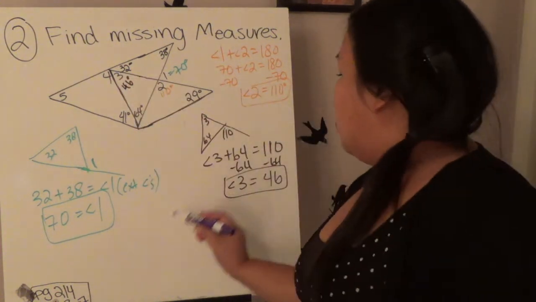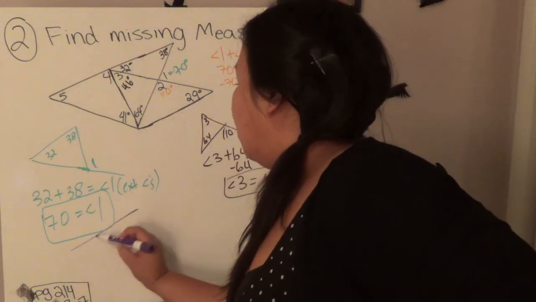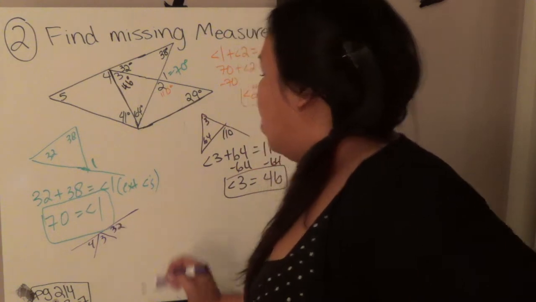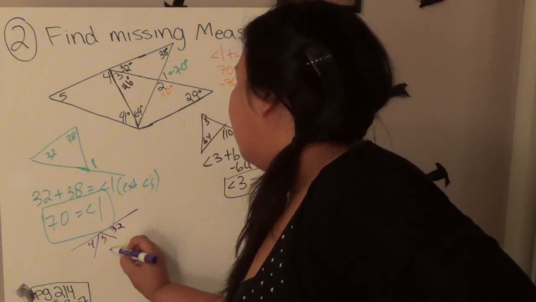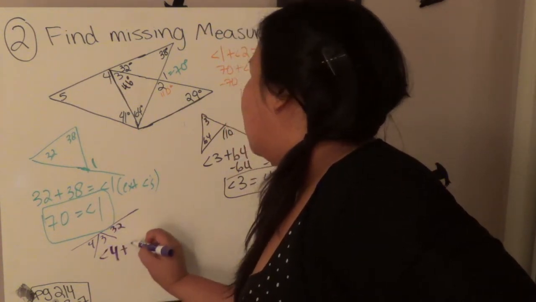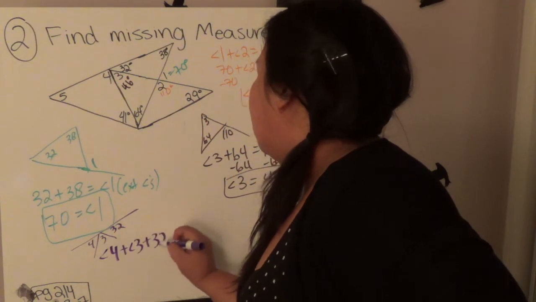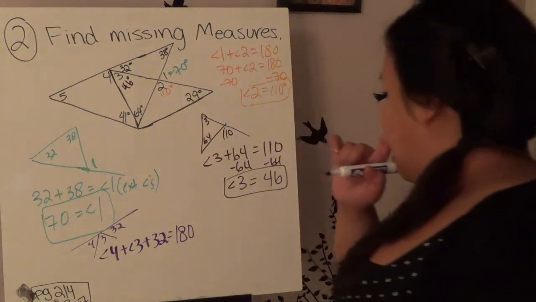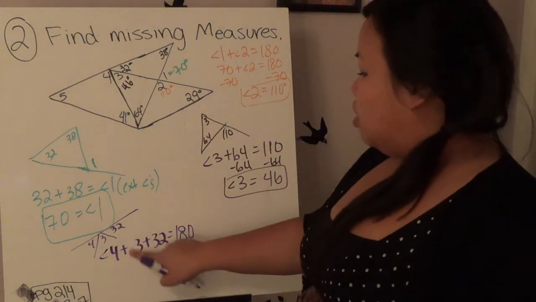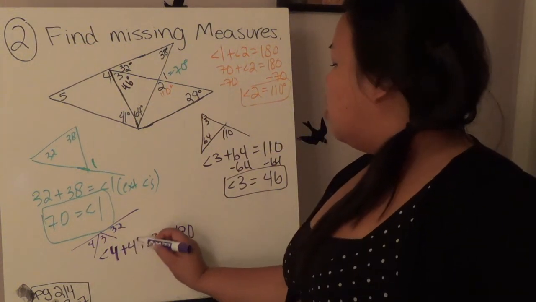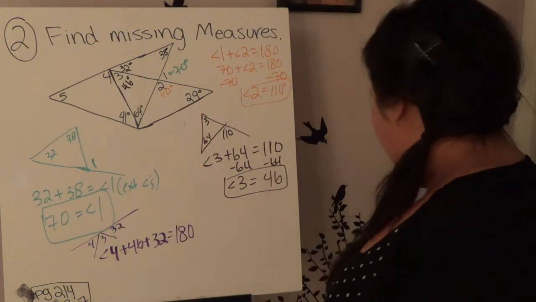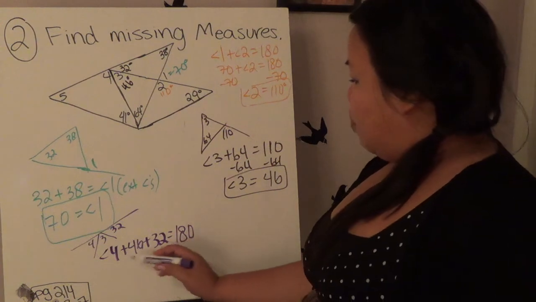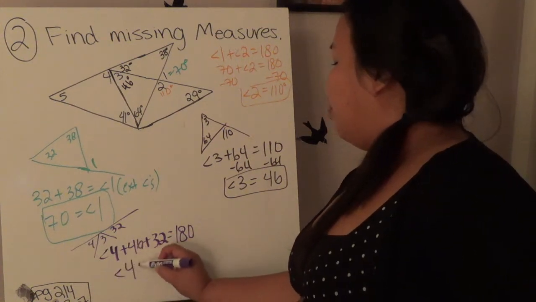So all of those added up together, angle 4 plus angle 3 plus 32, because they're a straight line, add up to 180 degrees. But I know what angle 3 is, right? Angle 3 is 46.